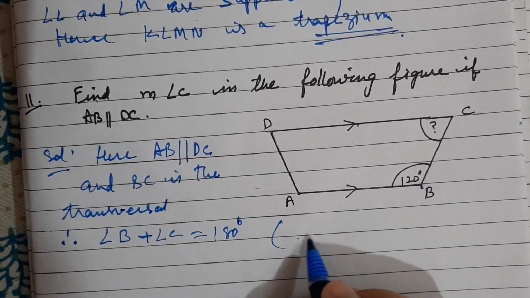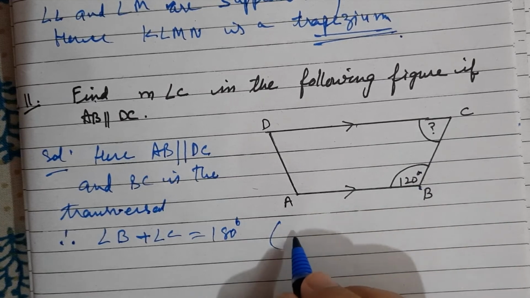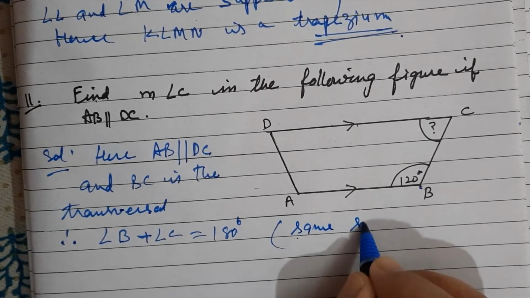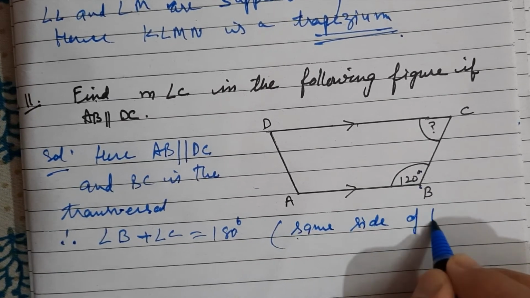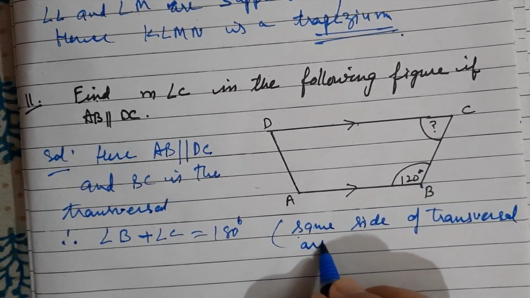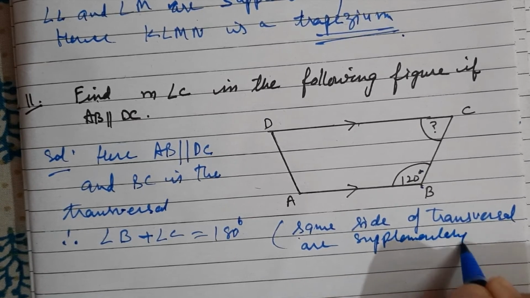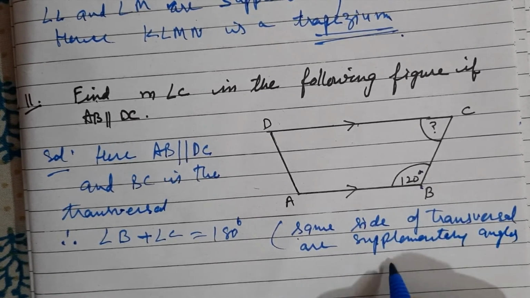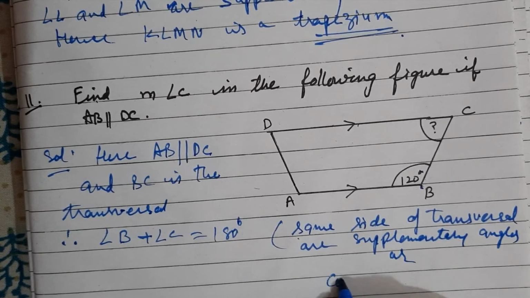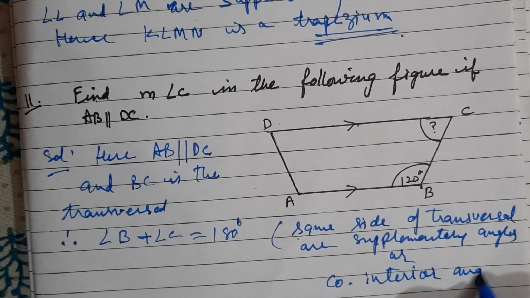So here, for the reason, again we have to write: same side of transversal are supplementary angles, or simply you can write co-interior angles.